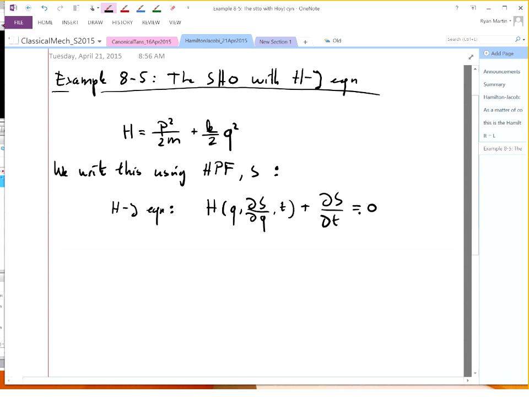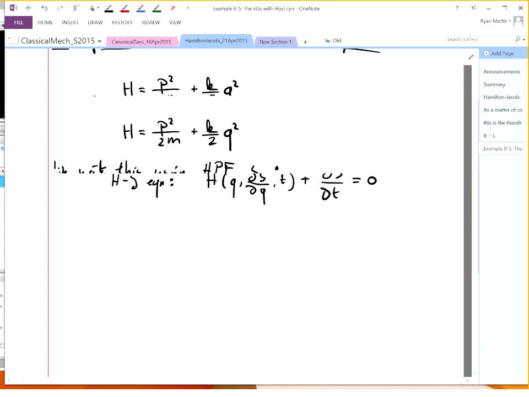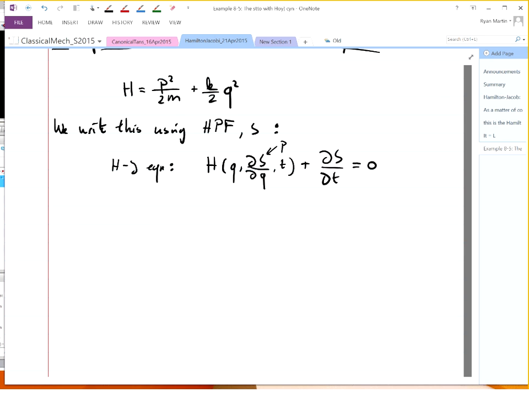And I know H. So remember, ∂S/∂Q is our way of writing lowercase p in the Hamilton-Jacobi formula. If I write the Hamilton-Jacobi equation now with this specific Hamiltonian, it's the Hamiltonian plus ∂S/∂T. So I have to write the Hamiltonian in terms of Q and ∂S/∂Q.